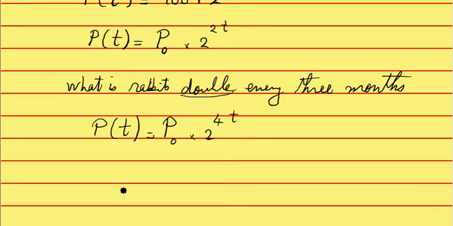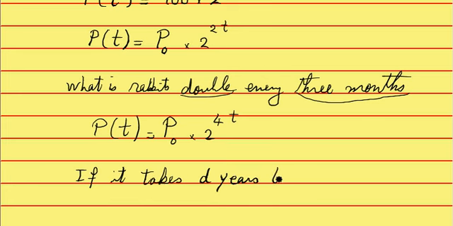In general, I want to translate this into a general mathematical notation. If it takes d years to double, what does that mean, d years to double?